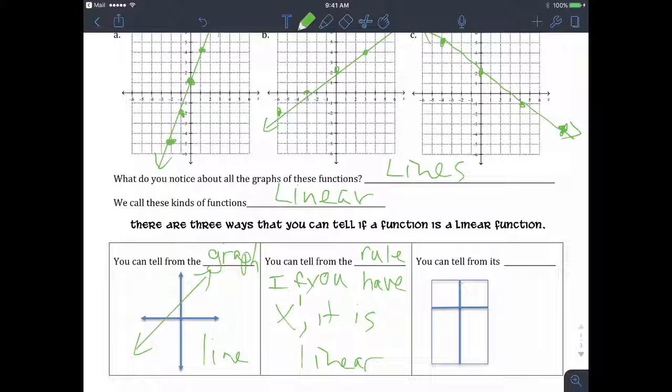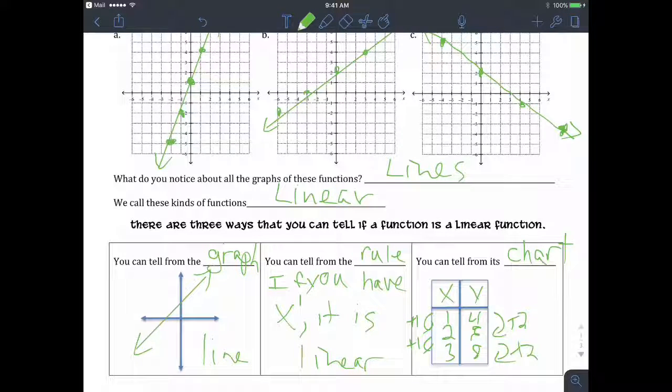And then the last thing, we determined it from the top by looking at the chart or the table, because we increased by a constant rate of change. Over here we add 2, on the other side we add 1.